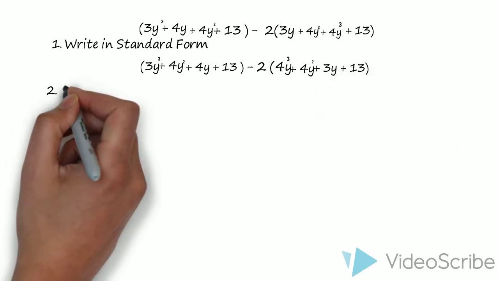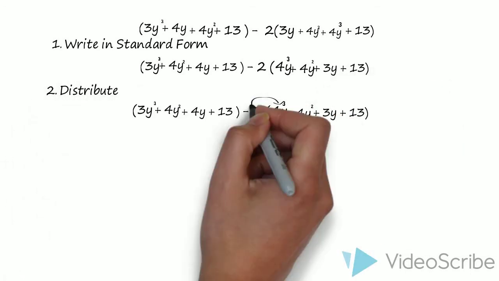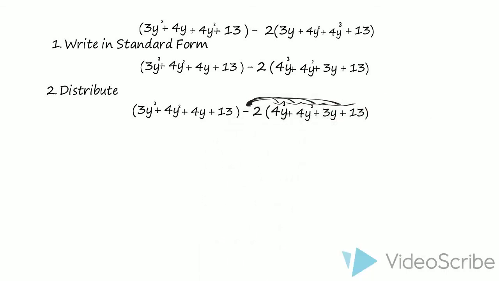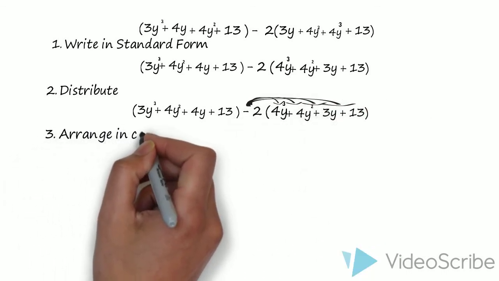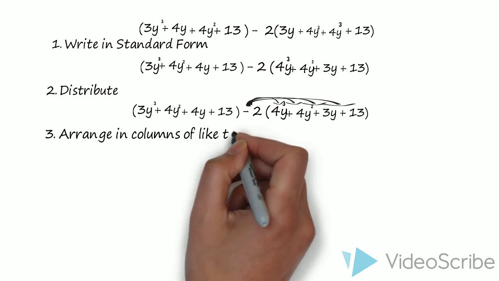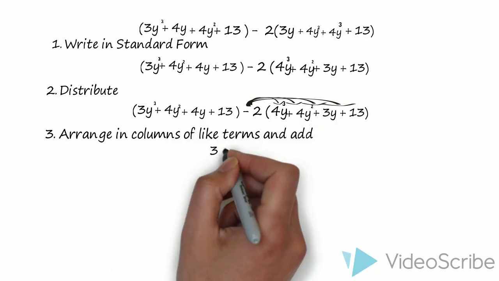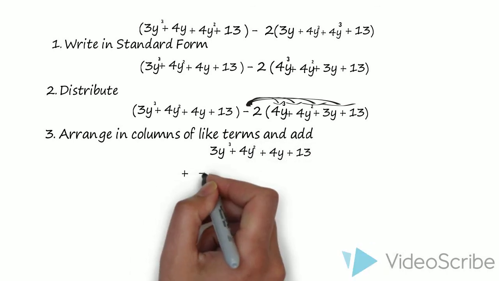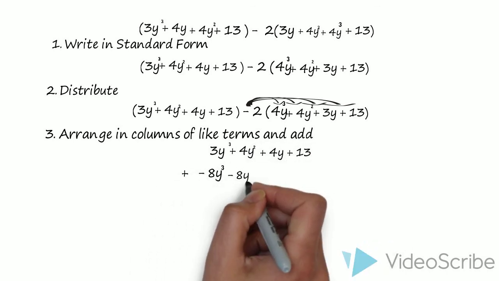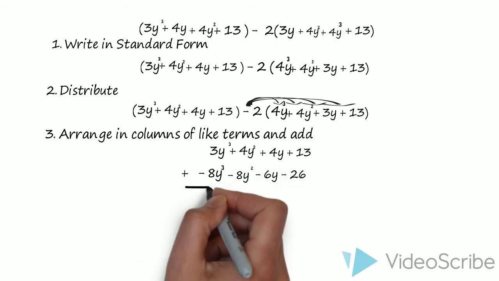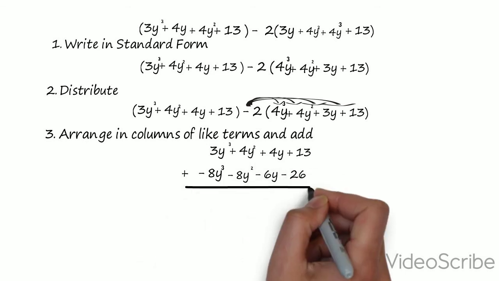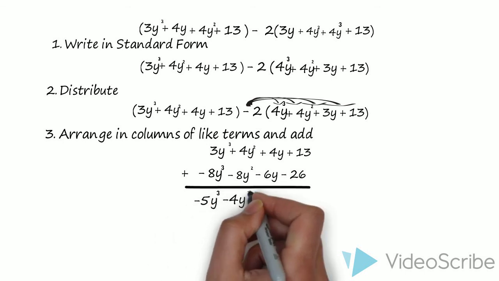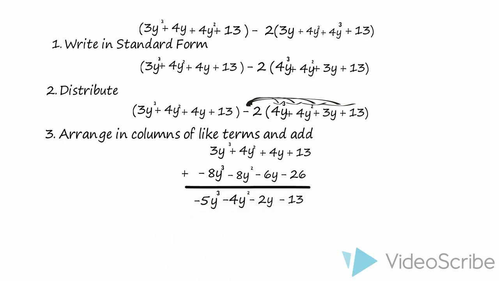Step 2 is to distribute. We distribute the negative 2 across the second polynomial. Then we arrange it in columns of like terms and add. We write out the first polynomial, and then the second polynomial with the negative 2 distributed. Then we combine them, and it becomes 5y cubed minus 4y squared minus 2y minus 13.